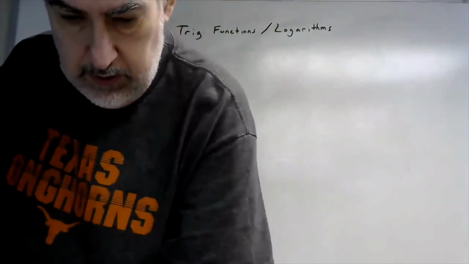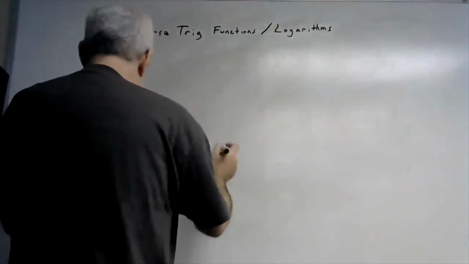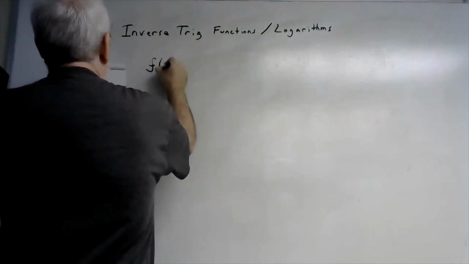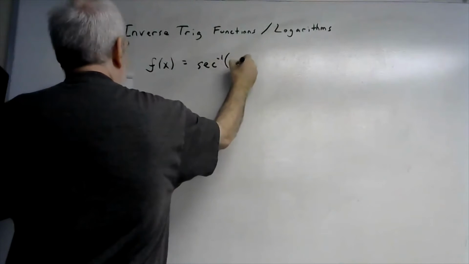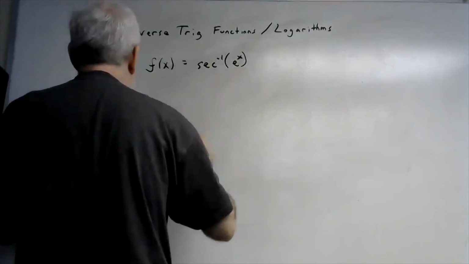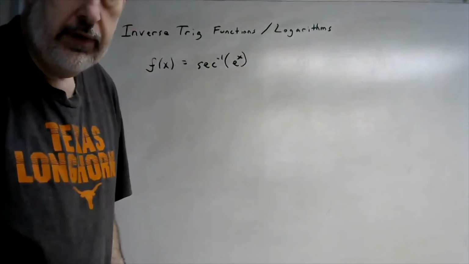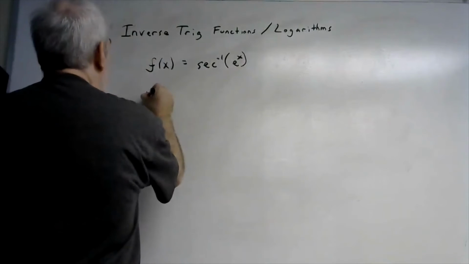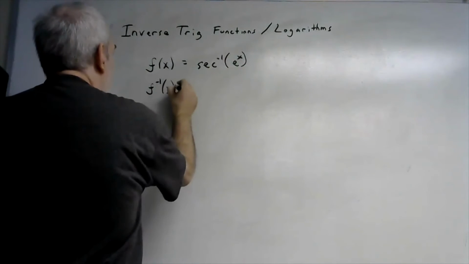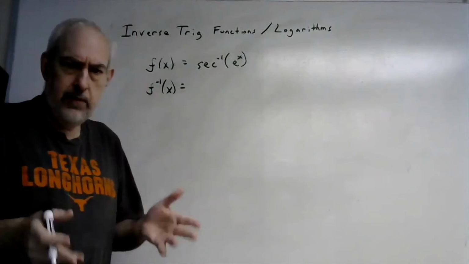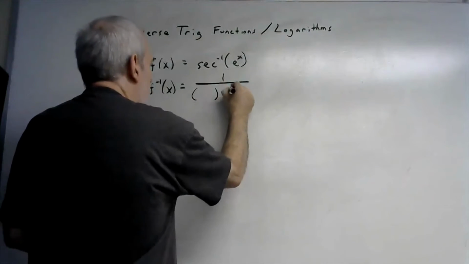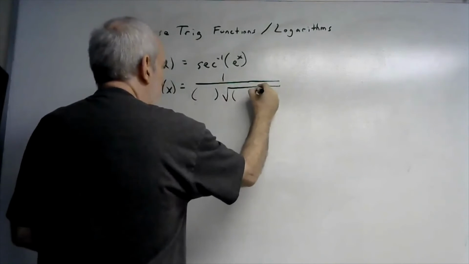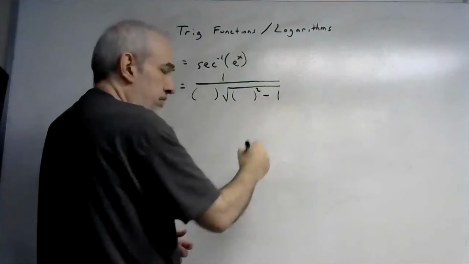All right, let's start with f of x is going to be the inverse secant of e to the x, and we want to find the derivative. The derivative for inverse secant was 1 over x square root of x squared minus 1.